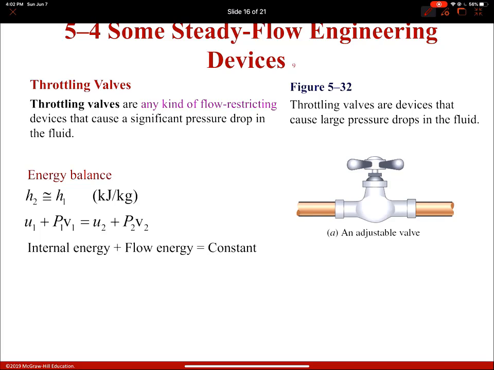This one, I actually don't know how to pronounce it, but it's the valve, finally, and we're going to develop the equation for that one as well. So the valves are even easier, one of the easiest engineering devices to work with.